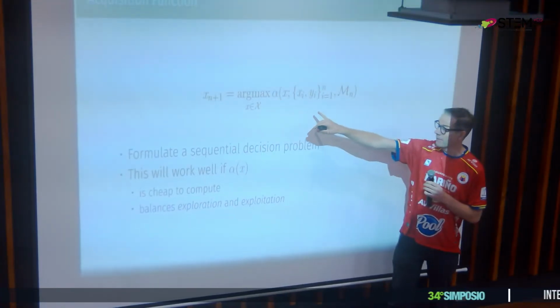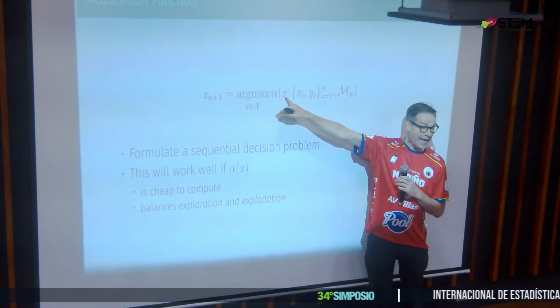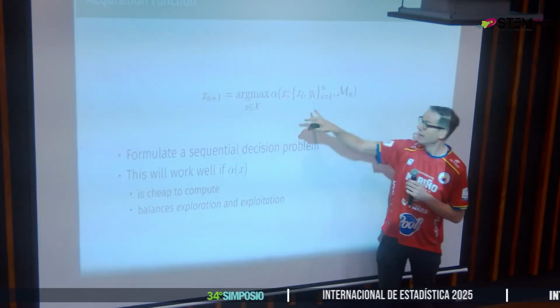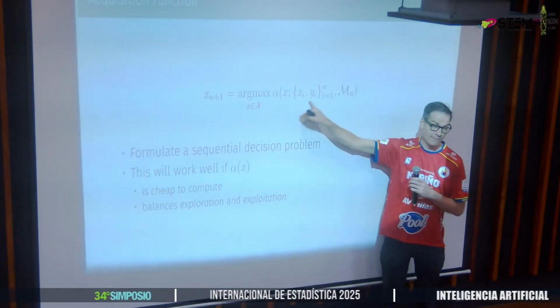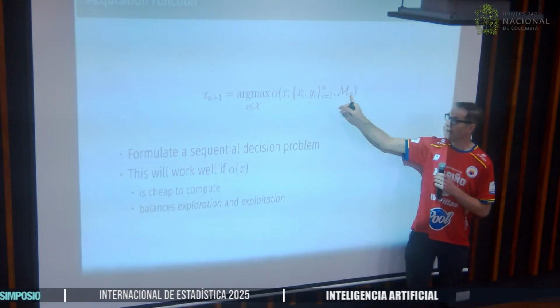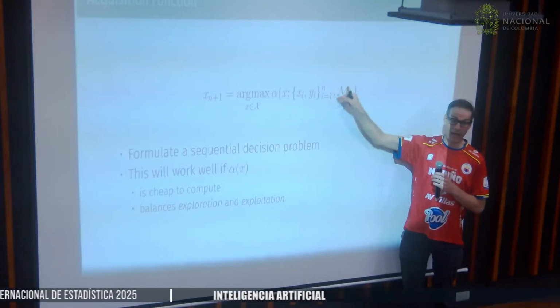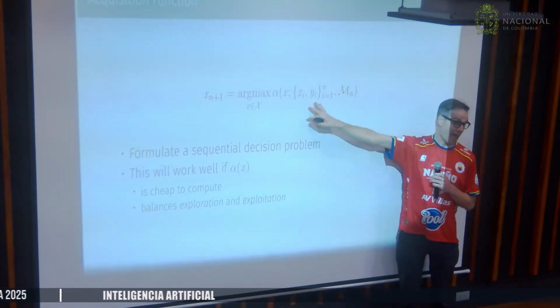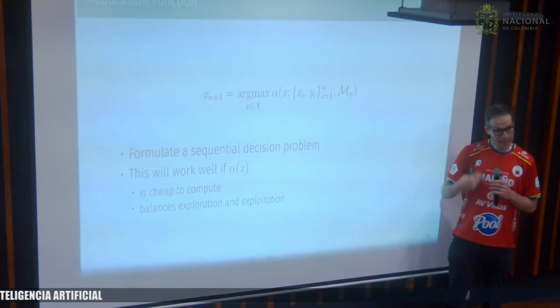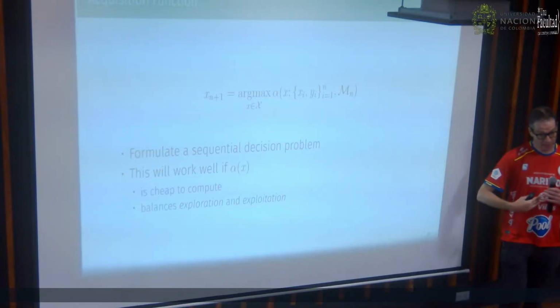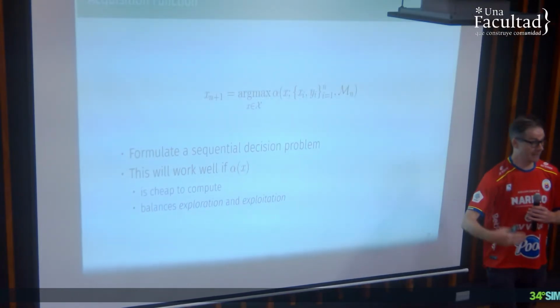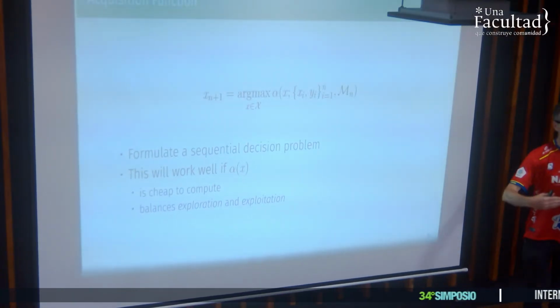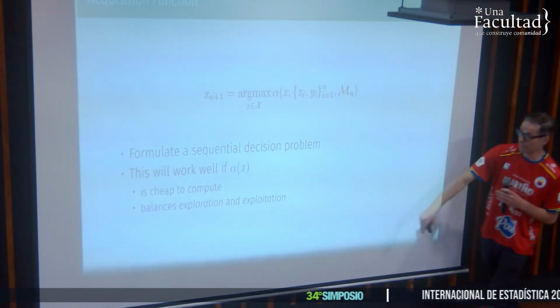This acquisition function is a function over x, so the whole domain. It takes the data that I've previously seen, and it takes whatever model I have at the current step n, right? Now we can formulate, by doing iterative maximizations of this, a sequential decision problem, right?